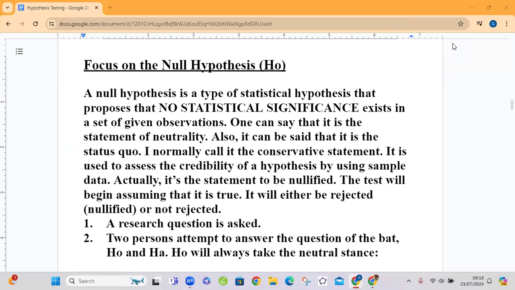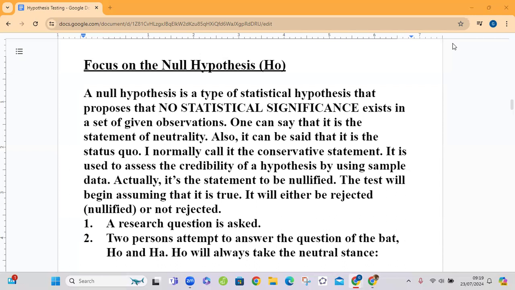A null hypothesis is a type of statistical hypothesis that proposes that no statistical significance exists in a set of given observations. So the null hypothesis will always be saying no. One can say that it is the statement of neutrality. Also, it can be said that it is the status quo. I normally call it the conservative statement because it's always saying no, no significance.